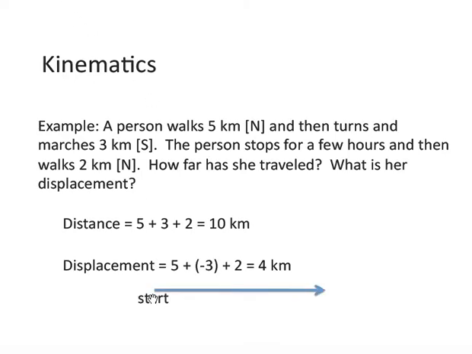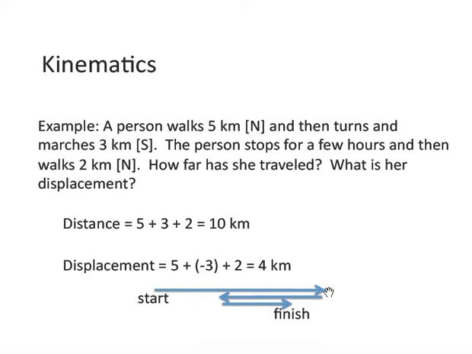So we start here and we've traveled 5 kilometers north. At this point, what do we do? Well, at this point, we turn back around and we've traveled 3 kilometers south. And then after stopping, we travel 2 kilometers north. And so how far are we from where we started?